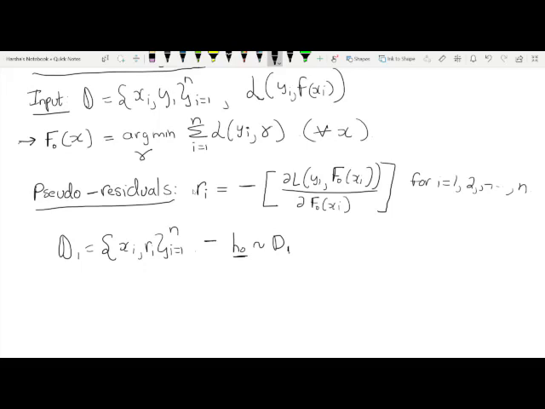And the next step in boosting is to add f naught and h naught using a step size or a learning rate.